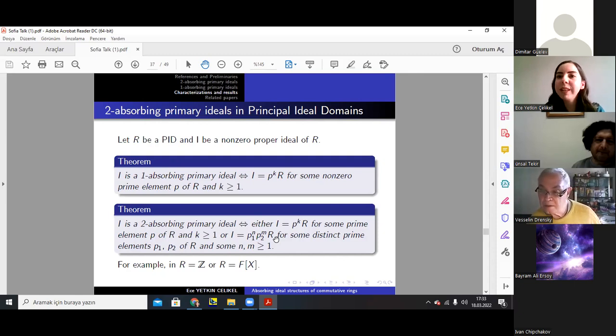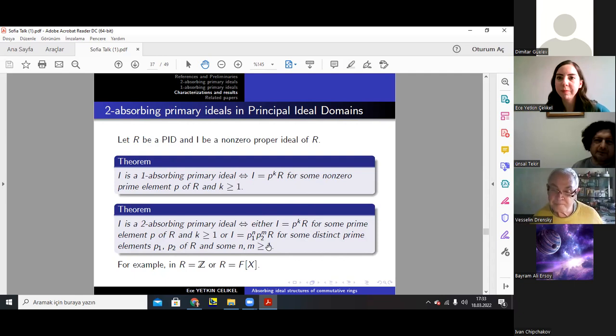I see, can we count them? How many one absorbing primary ideals and how many two absorbing primary ideals? Of course, an algorithm can be written to count all of the one absorbing ideals and all of the two absorbing ideals by using just this way.